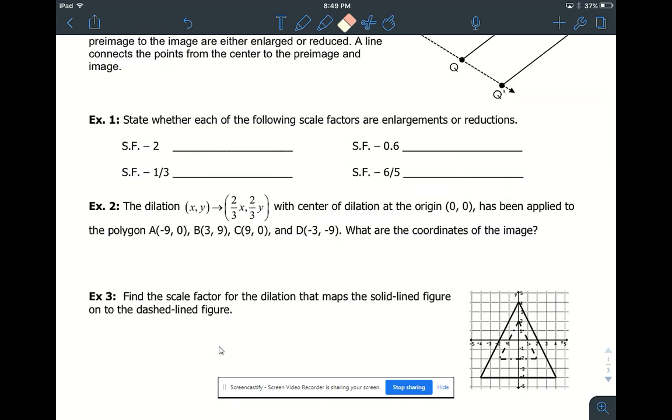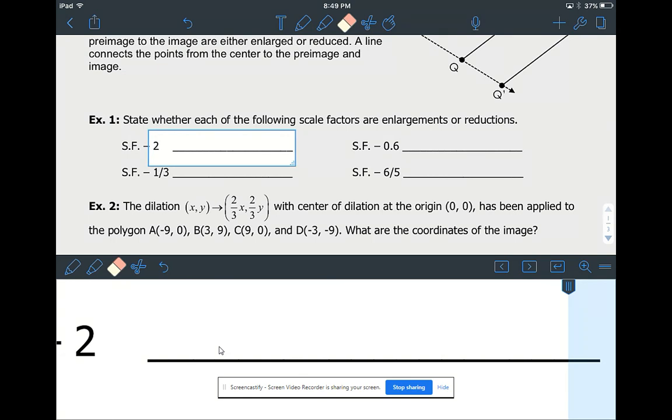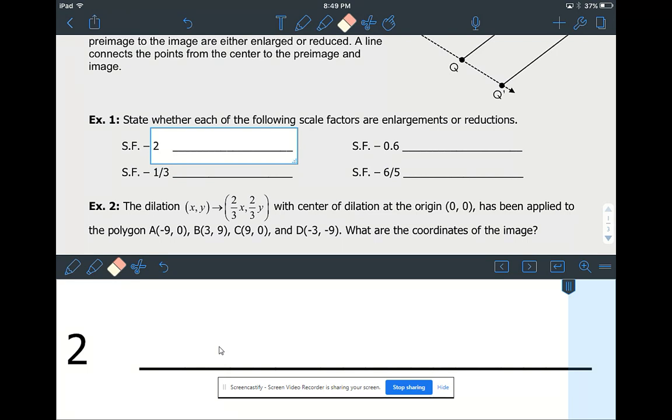All right, let's just practice scale factors to start. So state whether each of the following scale factors are enlargements or reductions. So the first scale factor, SF, means scale factor, is 2. So 2 is greater than 1, so that would mean this is an enlargement.